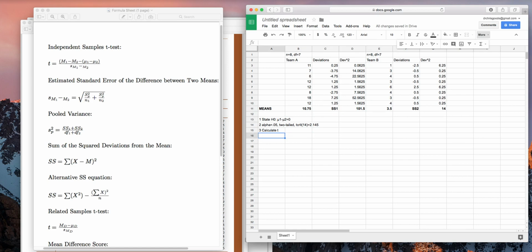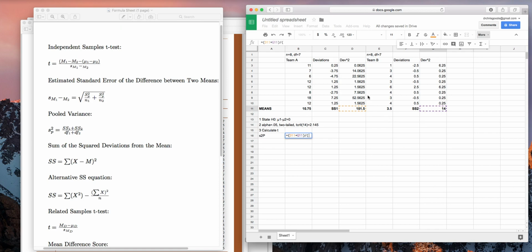I think now we can get the pooled variance. So the pooled variance is going to be equal to, and you have to do this in parentheses, the sum of the two sums of squares, and then that's got to be in parentheses because you add those first and then you divide by the degrees of freedom for each one.